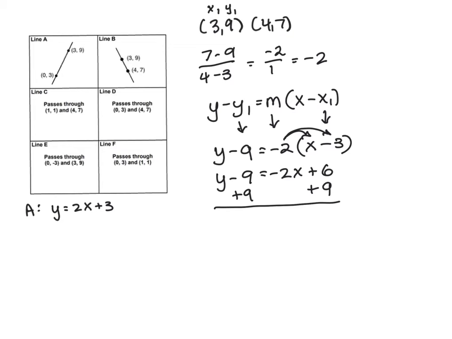Adding 9 to negative 9 makes a 0 and cancels it out. And we're left with y equals negative 2x plus 15. That's the equation for card B. So let's write that over here, and move on to C.